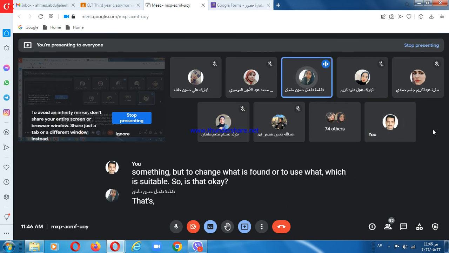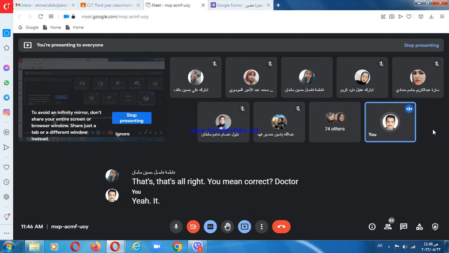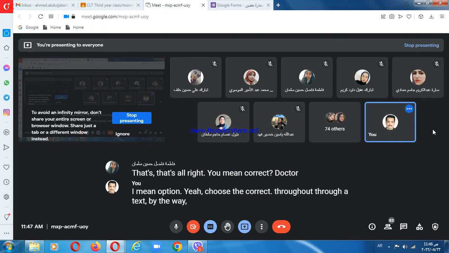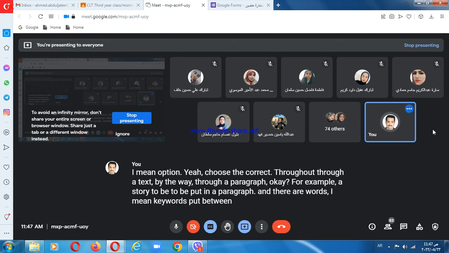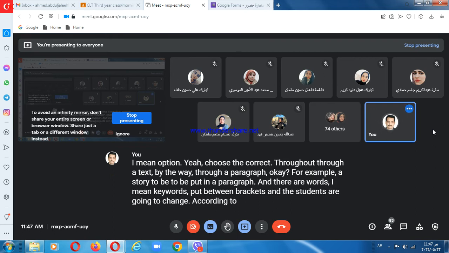That's correct. You mean correct, Doctor? Yeah, choose the correct option through a text, by the way, through a paragraph. For example, a story is put in a paragraph, and keywords are put between brackets, and the students are going to change according to the structure.